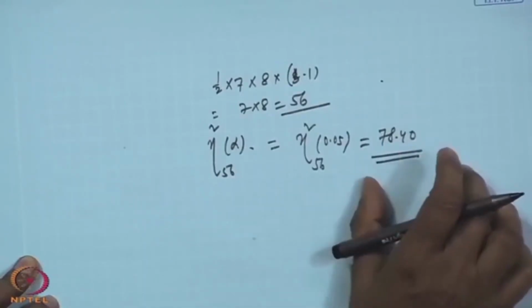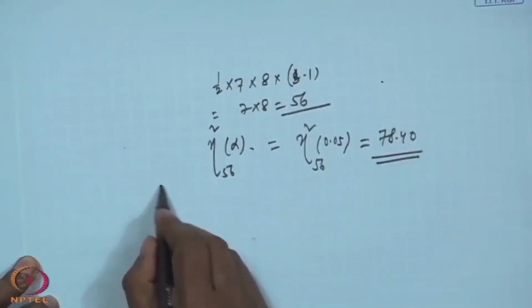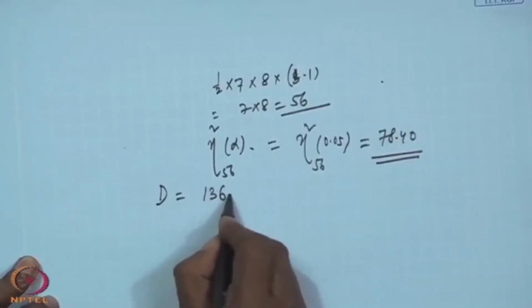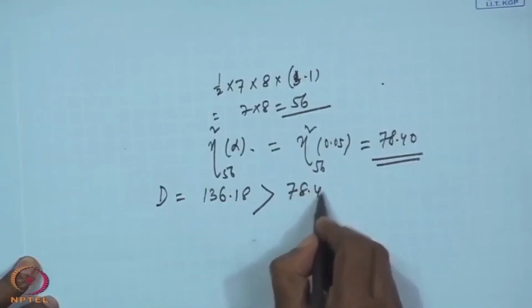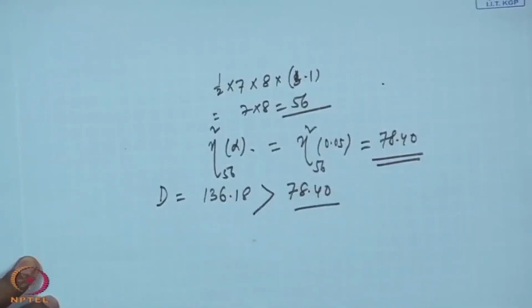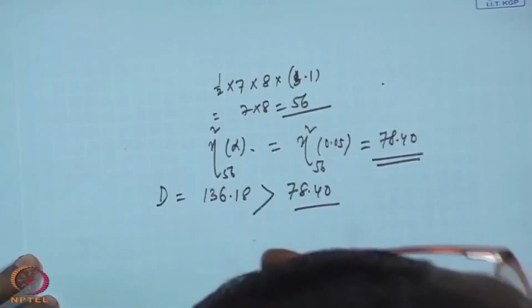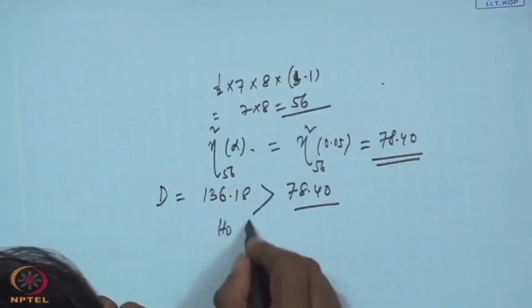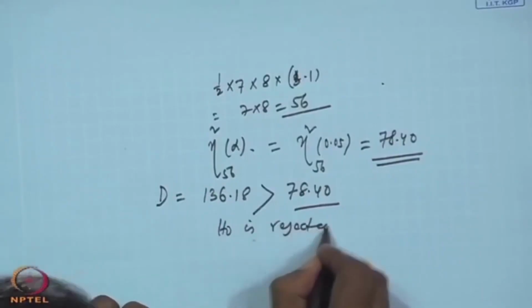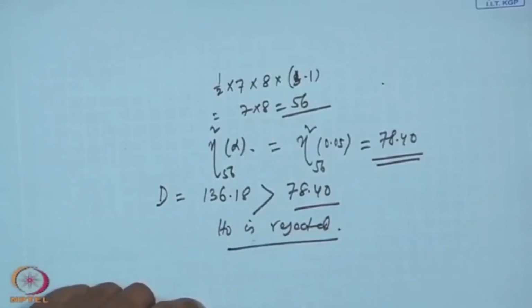Now, this 78.40 and your computed statistic D is 136.18, which is greater than the tabulated one, that means the null hypothesis is rejected. So, H0 is rejected. What does it mean? It means covariances are not equal.